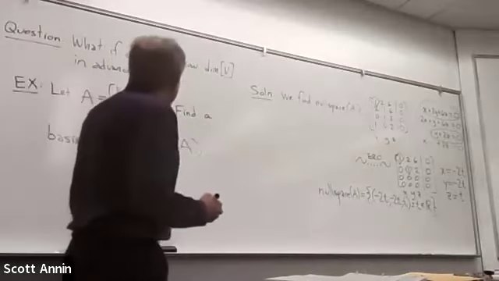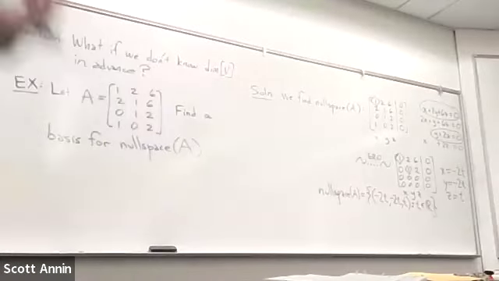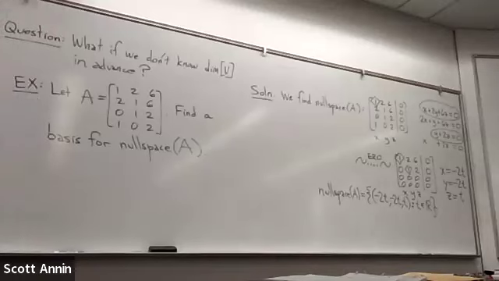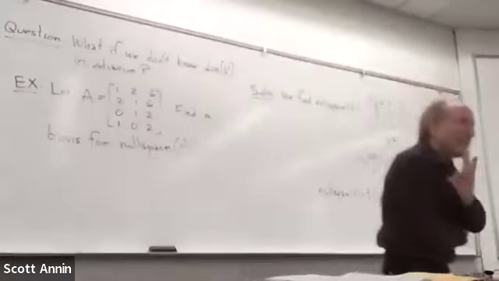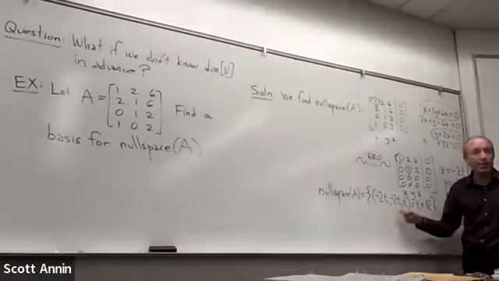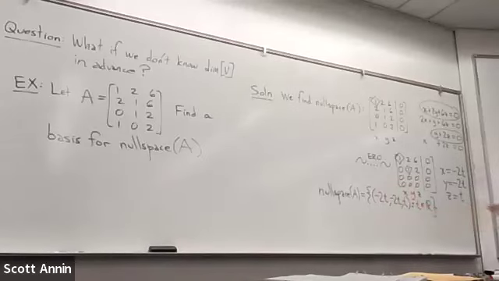By the way, I just remind everybody that the null space of A is a subspace of R what? In this example, the null space would be a subspace of R3. Excellent. R3 because, first, I see 3 slots here, and if there are 3 slots, then these are vectors in R3.